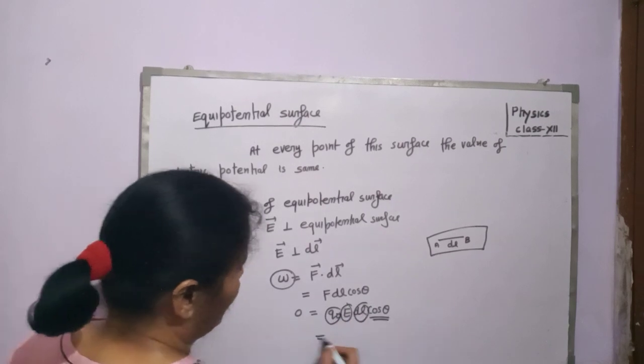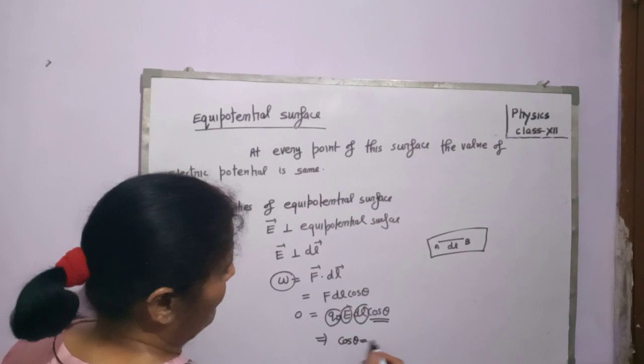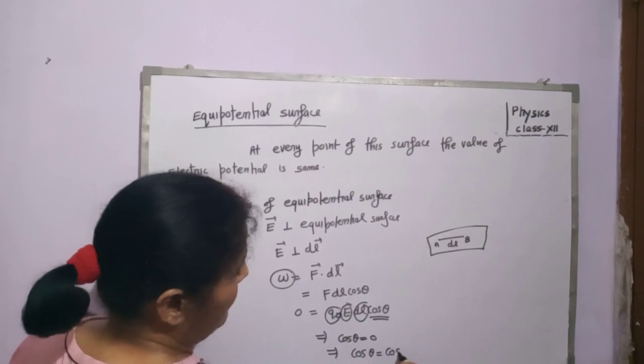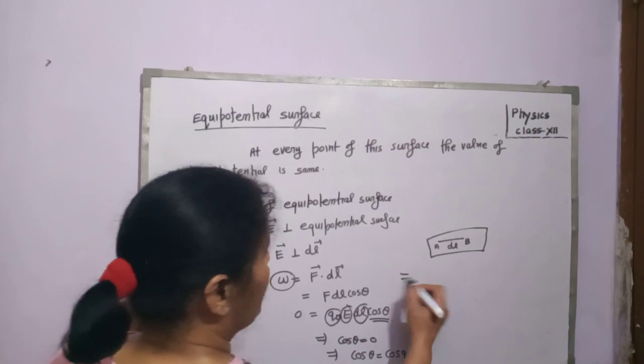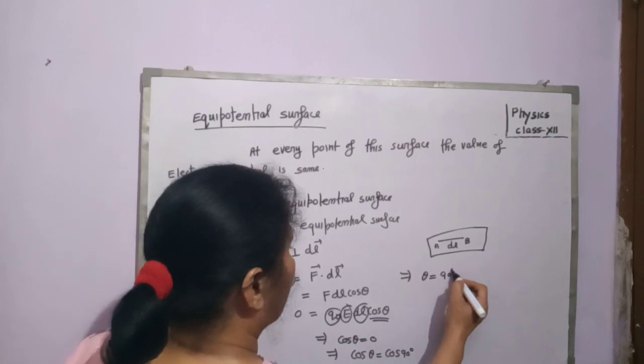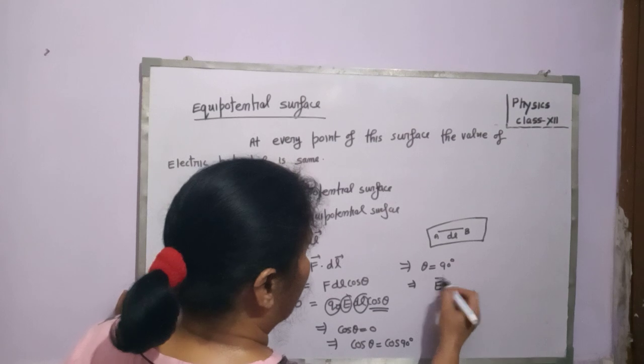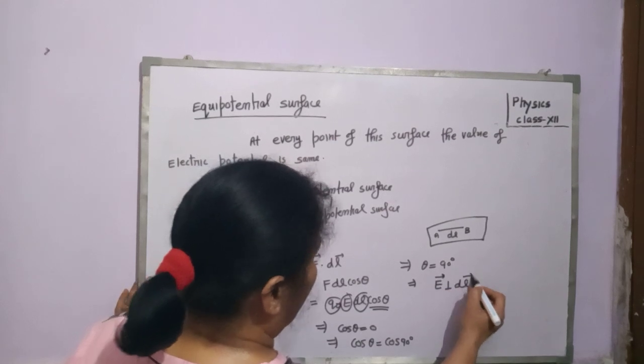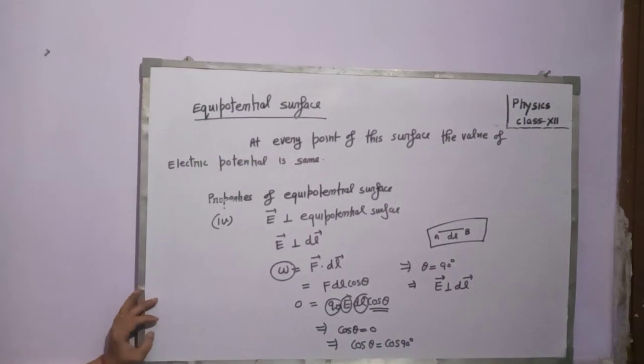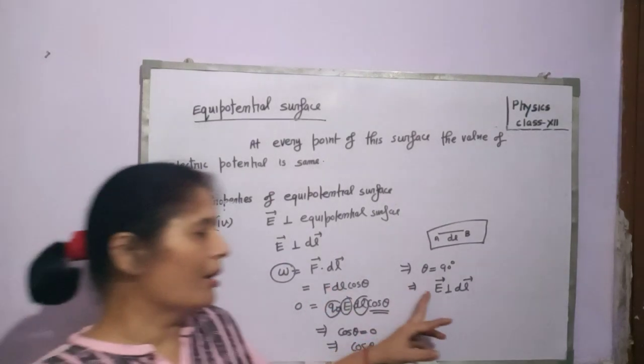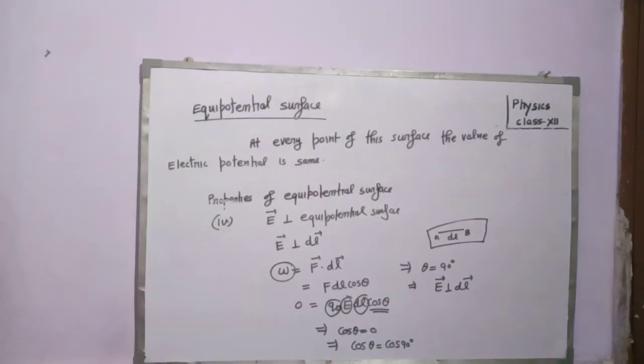This implies that cos theta is equal to 0, so cos theta is equal to cos 90 degrees. That means theta is equal to 90 degrees, or in other words E is perpendicular to dl. This way, an electric field is perpendicular to the equipotential surface.